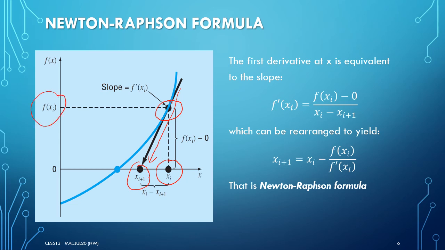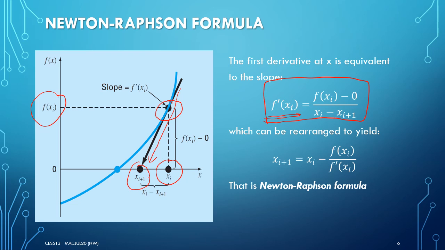So this slope, which is the first derivative of the function at xi, equals f(xi) minus 0, divided by the first estimated root xi minus the second estimated root xi plus 1.